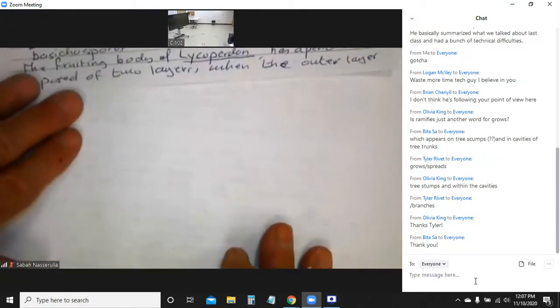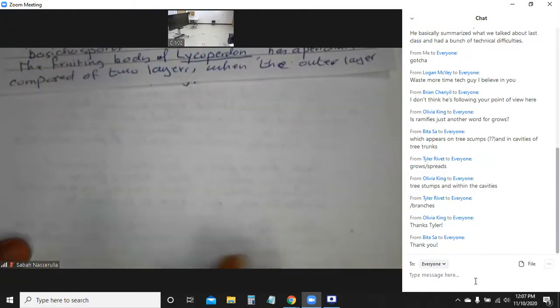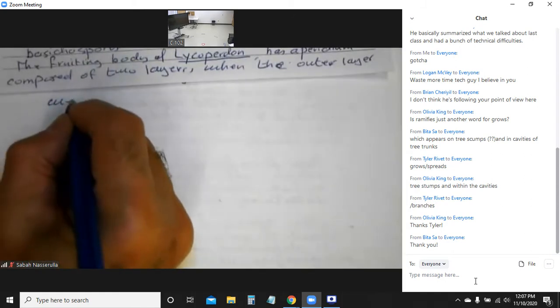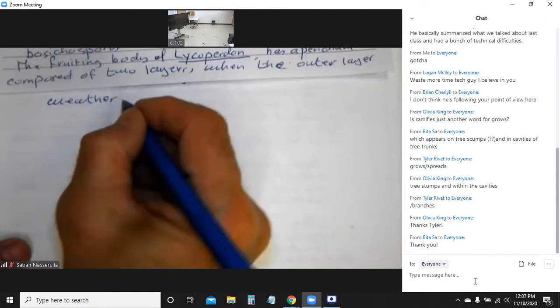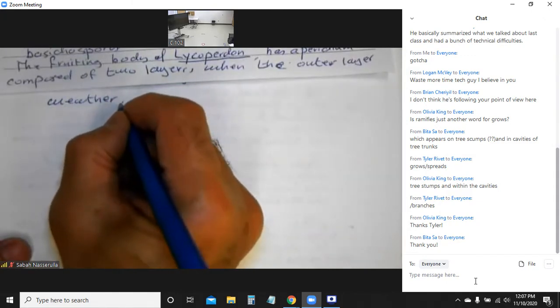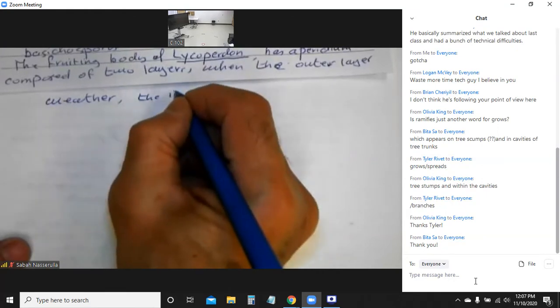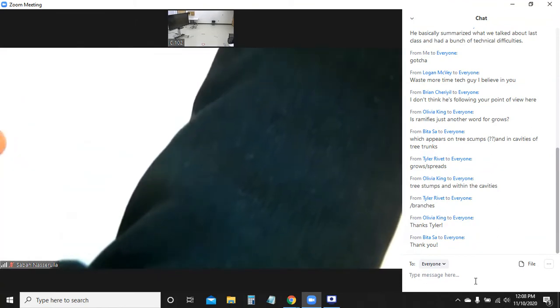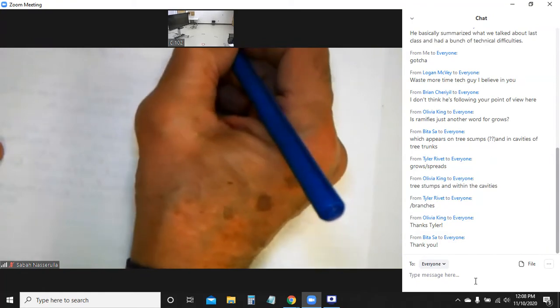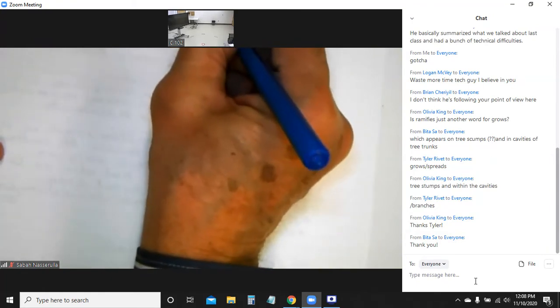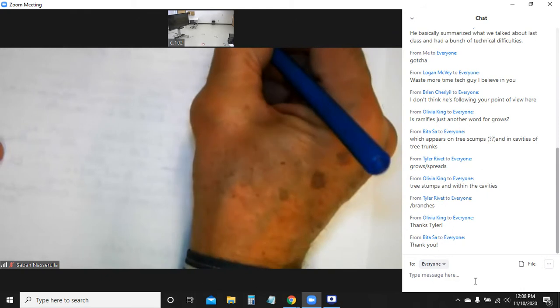Now, when the outer layer weathers, we call the inner layer the thin, membranous layer.